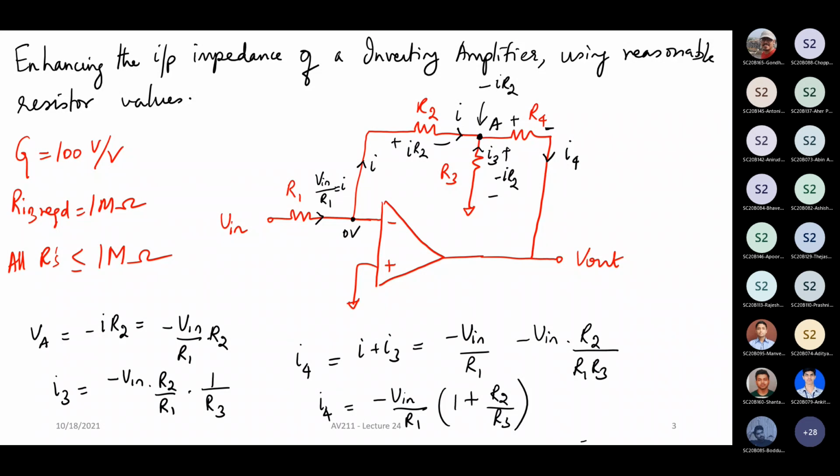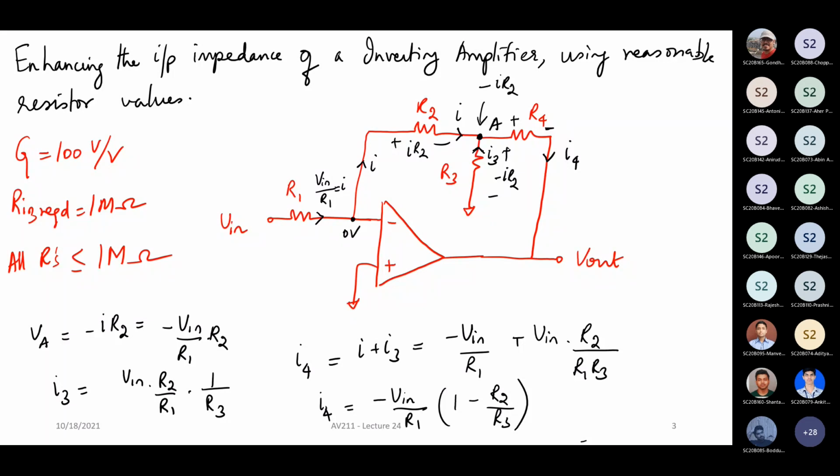Just a minute. So this is negative, this is positive, right? So the current is going to be like this. So you are saying that the current is positive here, right? Yes, sir, positive. Okay.